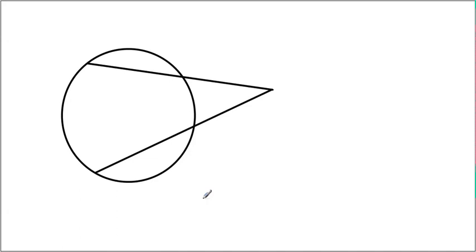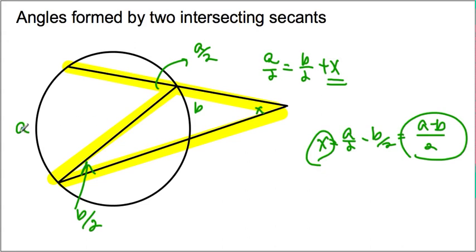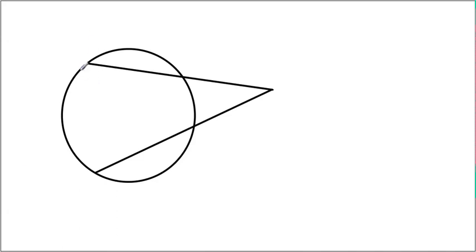Then in this case, the relationship would be this, as we have done earlier: outer minus inner between two secants, divided by 2, will be the value of x. What if I were to call this portion 120 and this one 45?